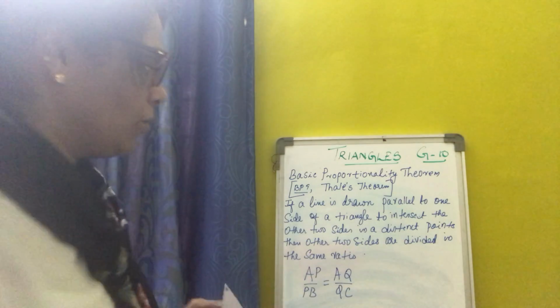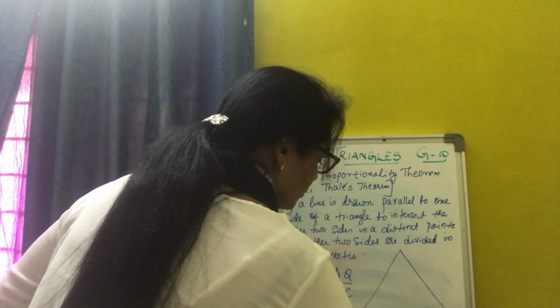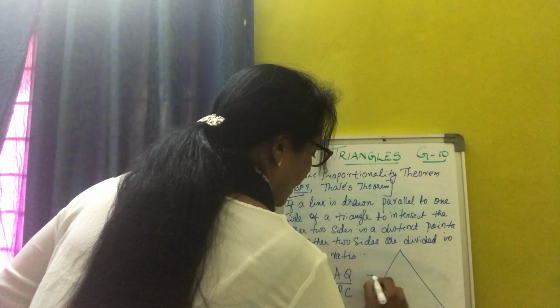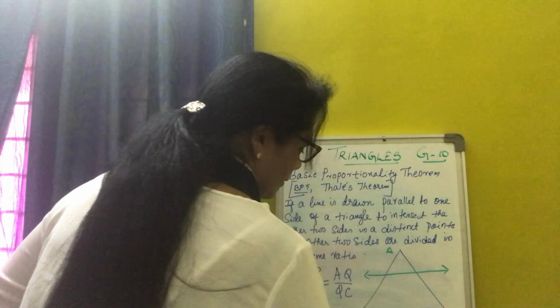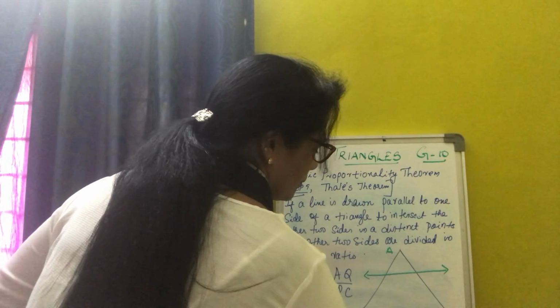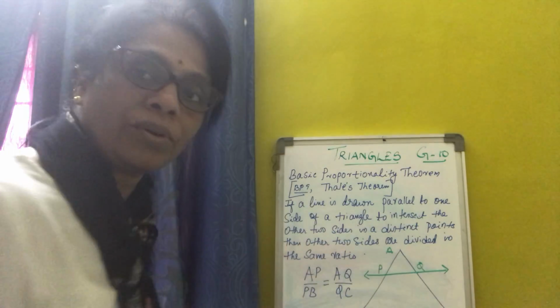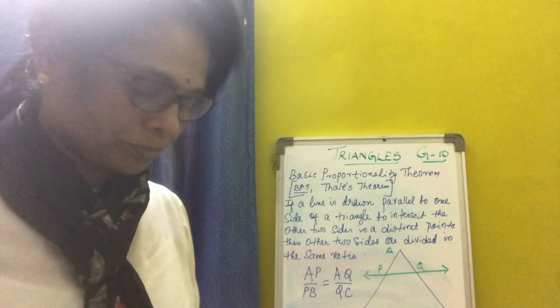For this, now let me draw the triangle here also. As I said, the line is parallel. So AP by PB equal to AQ by QC.